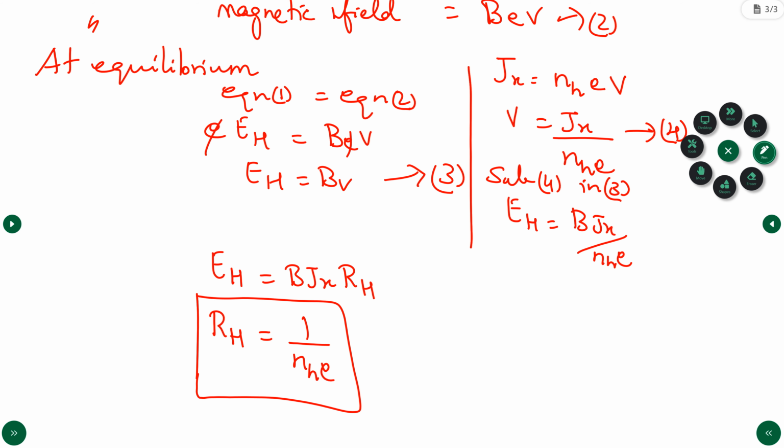Okay. So that is the difference between the N-type and the P-type semiconductor. Finish? Okay.